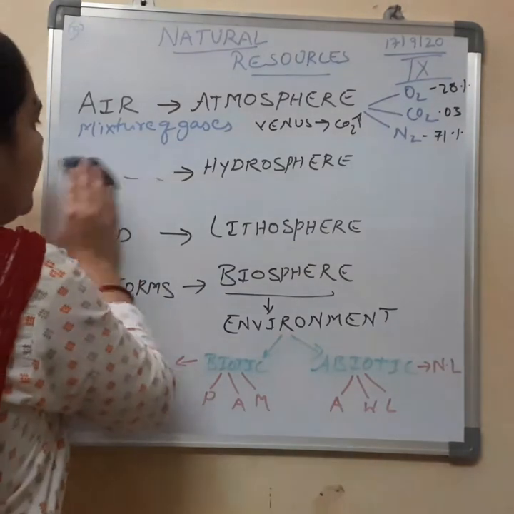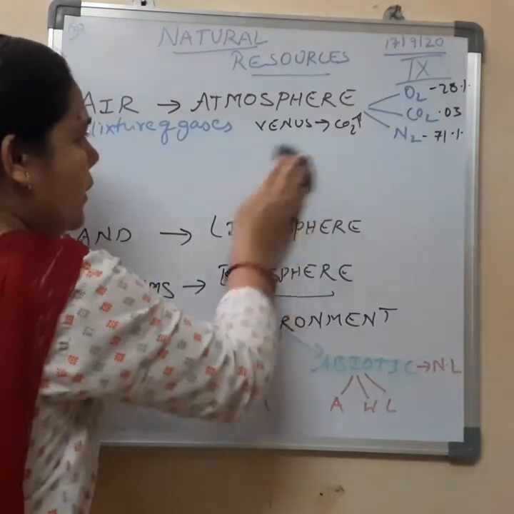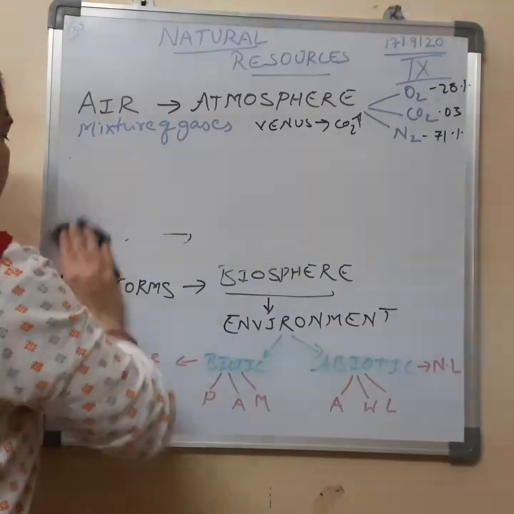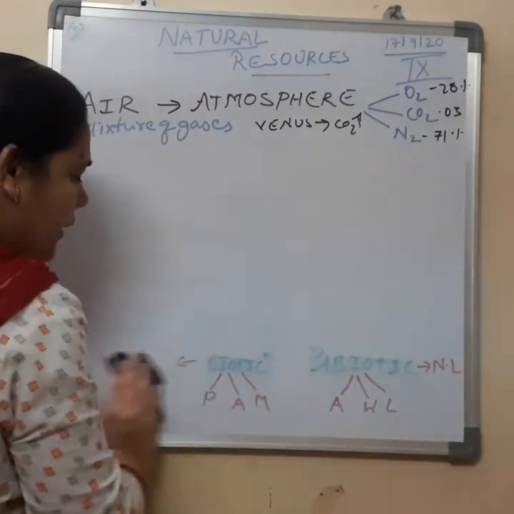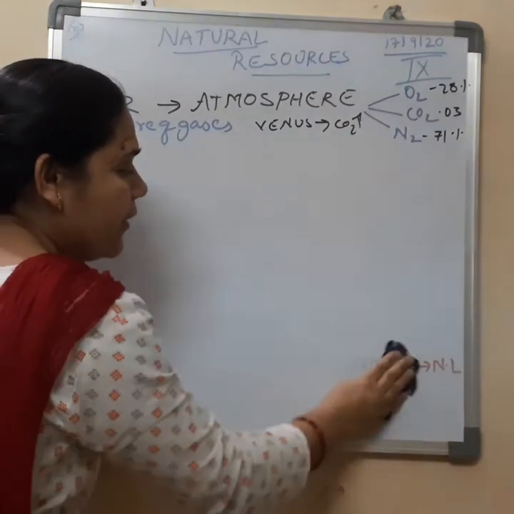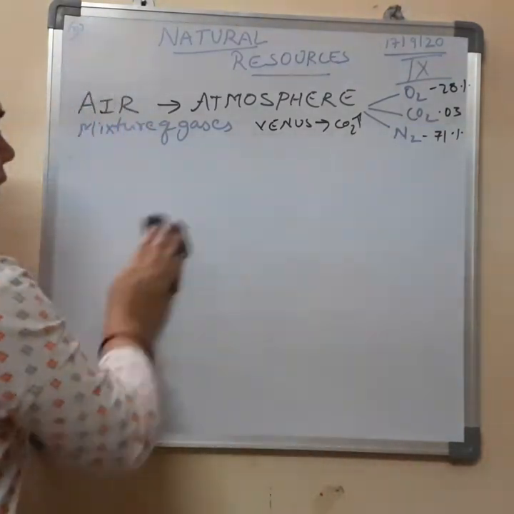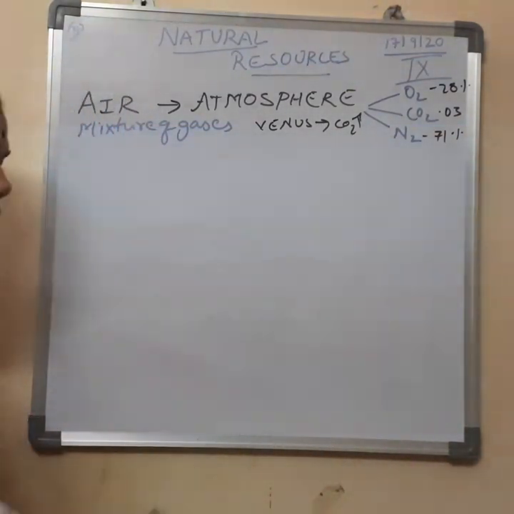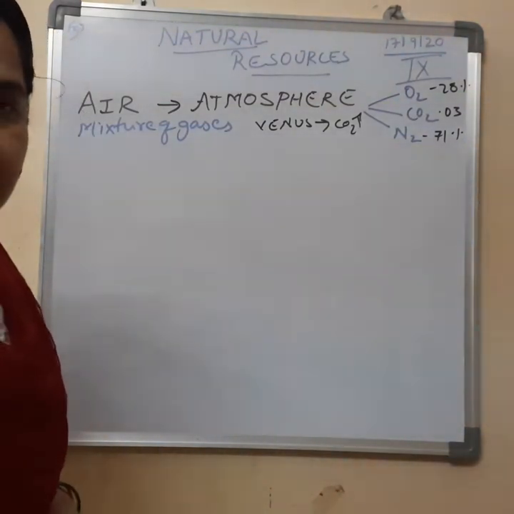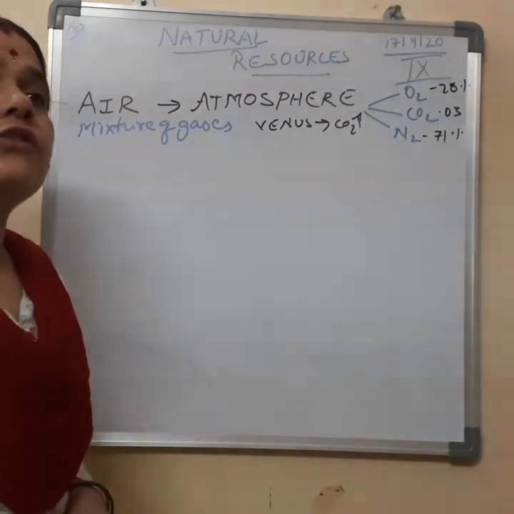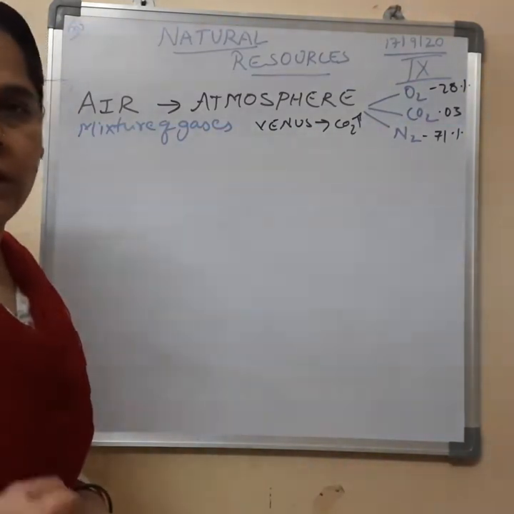Similarly, if you take the case of the moon, which is also a satellite of our planet Earth, it strangely does not have any atmosphere. So since it does not have any atmosphere, in the daytime it will absorb maximum heat and at night time it will be very, very chill, cool.